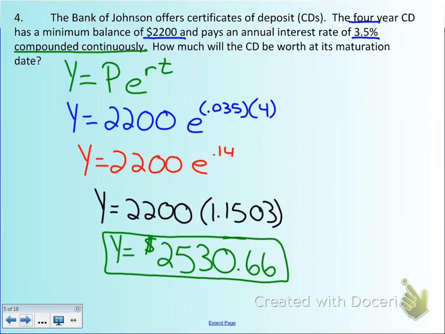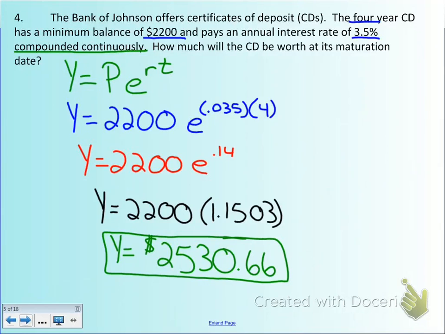Here in blue, we plugged in all of our values. 2,200 is our starting rate, our principal when we're dealing with this kind of stuff, so that's why we have a P. Our rate is 3.5%, so we move that to a decimal of 0.035. And our time, this is a 4-year CD, and we want to know what it's worth at the end of it, so at the 4-year mark, so that is our T. First step here in red is we multiplied our exponent, the 0.035 times 4, to get 0.14.